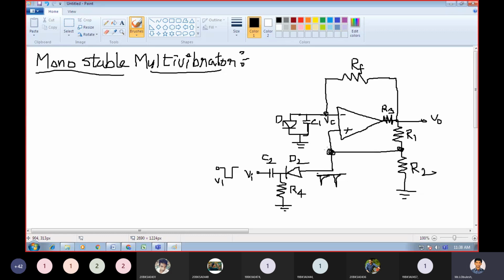That is, the voltage V0 is R2 by R1 plus R2 into V saturation.